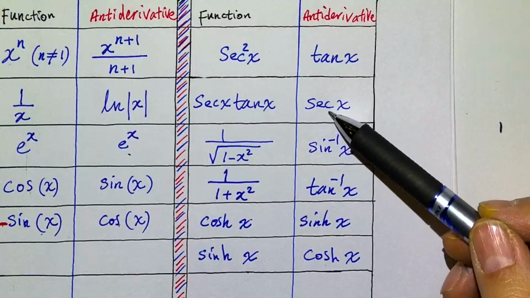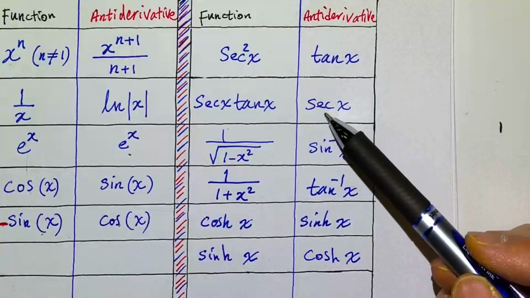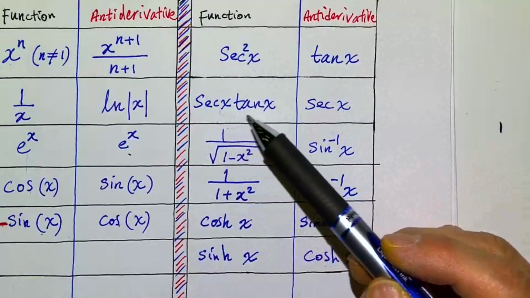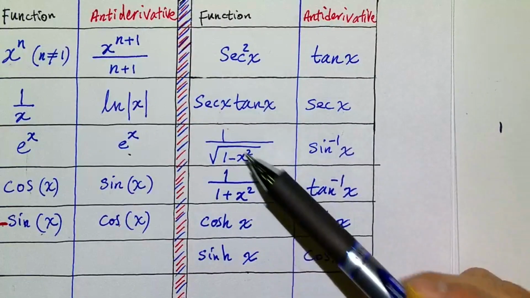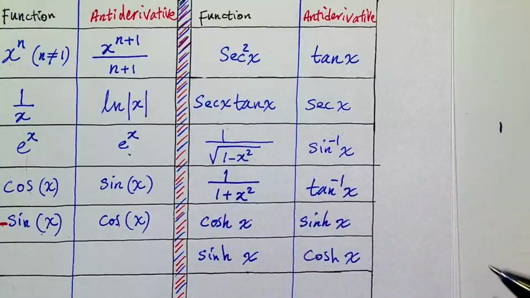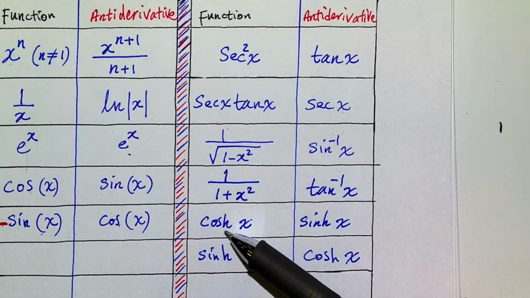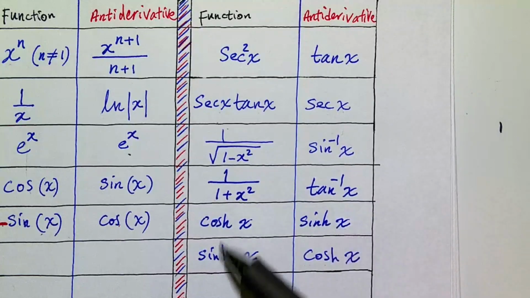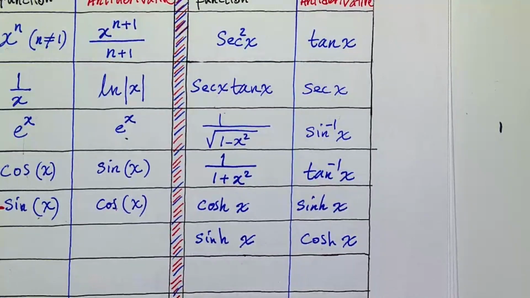Derivative of secant x, not secant squared, but secant x, is secant x tangent x. The derivative of inverse sine of x is 1 over the square root of 1 minus x squared, and so on and so forth, right? This is the hyperbolic sine, which has that derivative. So this is the antiderivative of that. And the antiderivative of the hyperbolic sine is hyperbolic cosine.